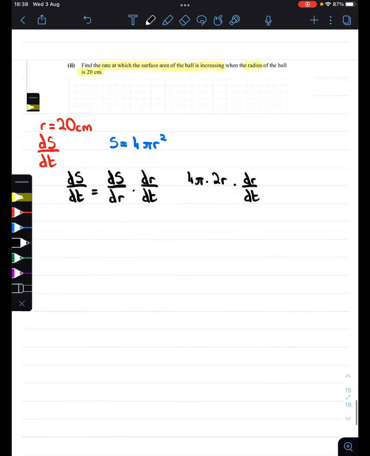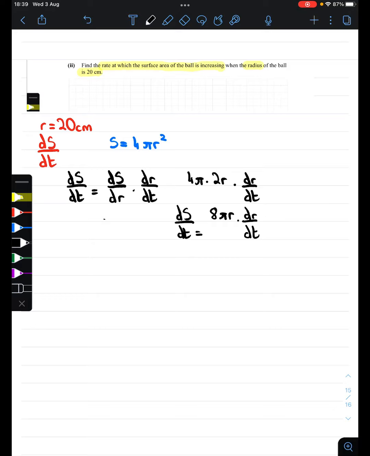Okay, so now we can say that ds dt is equal to 8 pi r times dr dt. And so we'd like to find out what ds dt is when r is 20.